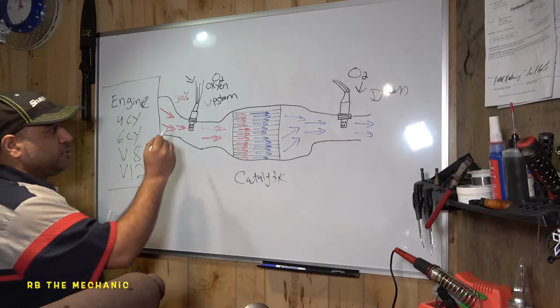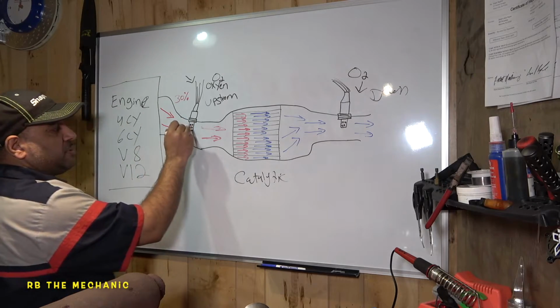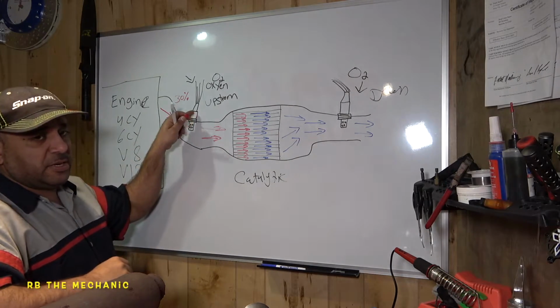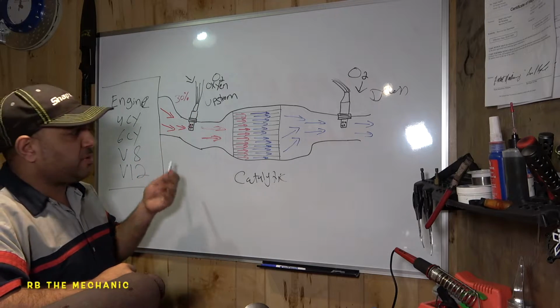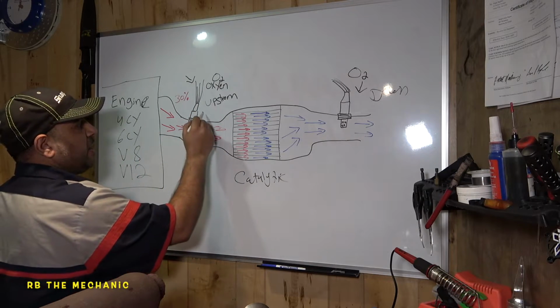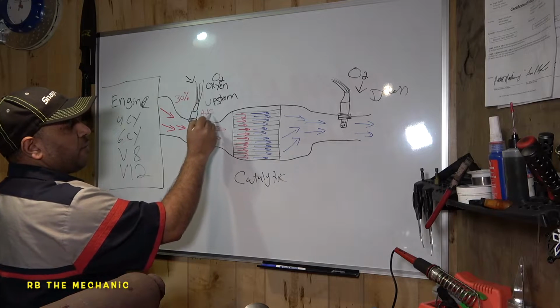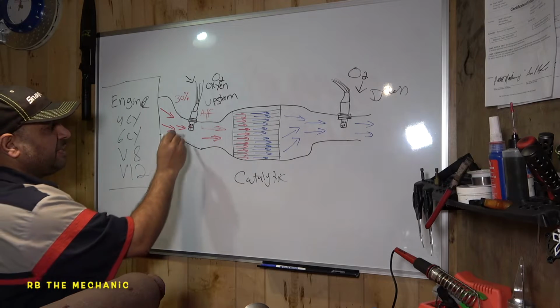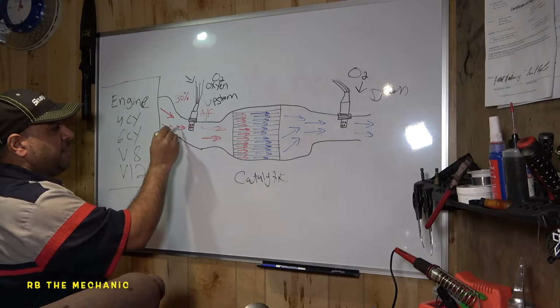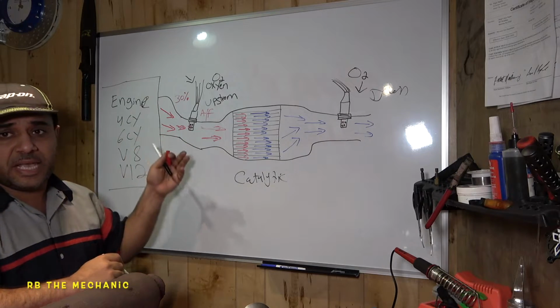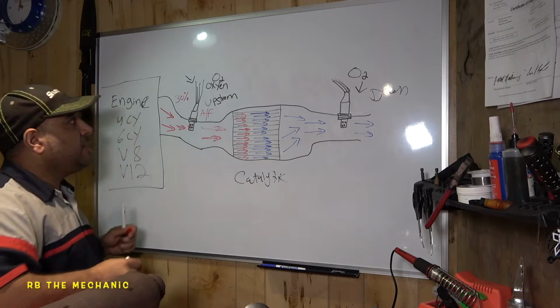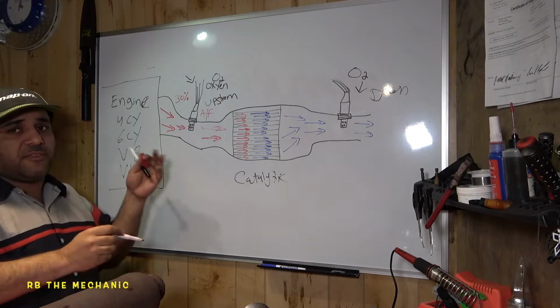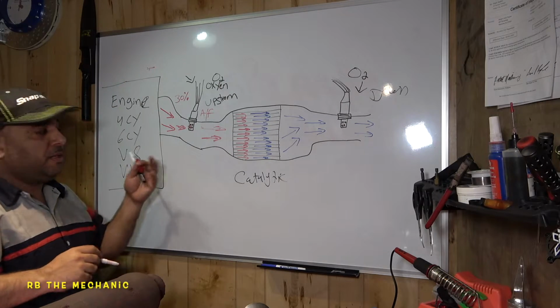Okay, let's talk about what else this sensor does here. On a Honda or Toyota, you would call it an air to fuel ratio sensor. When this sensor detects there's a lot of gas coming out, what is it going to tell the ECM, the engine control module? To cut the fuel down, okay? Subtract, minus, the trim of the fuel.